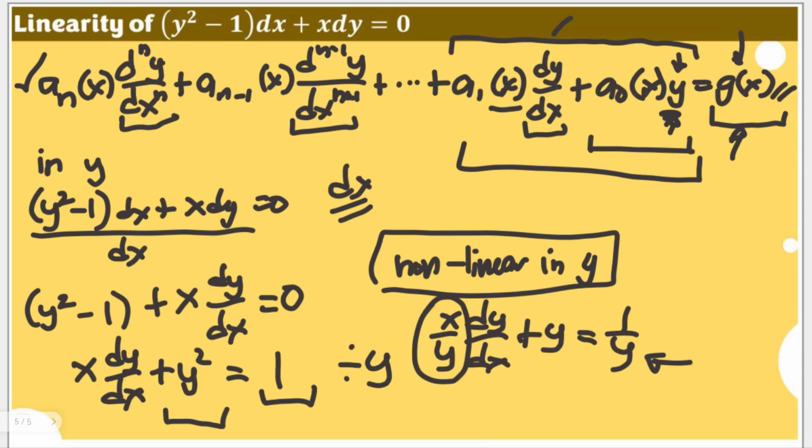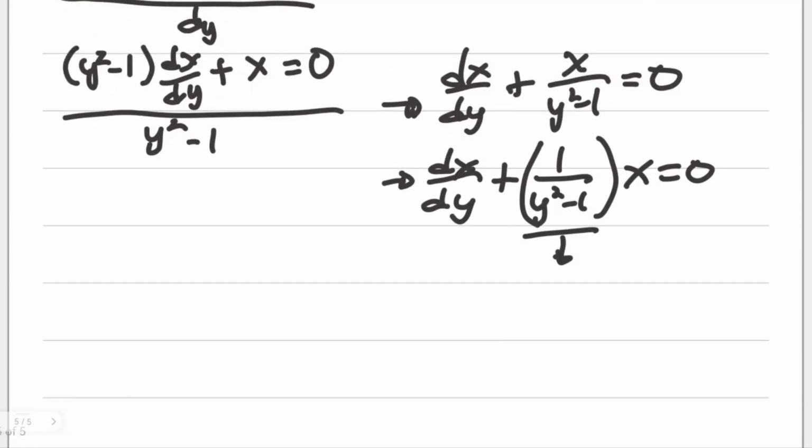Our x is still with the power of 1. No matter what the value of this expression is, for any value of y, it will not change the exponent of x. The same thing, our first order derivative of x with respect to y is also with the exponent of 1. This tells us that this is linear in x.